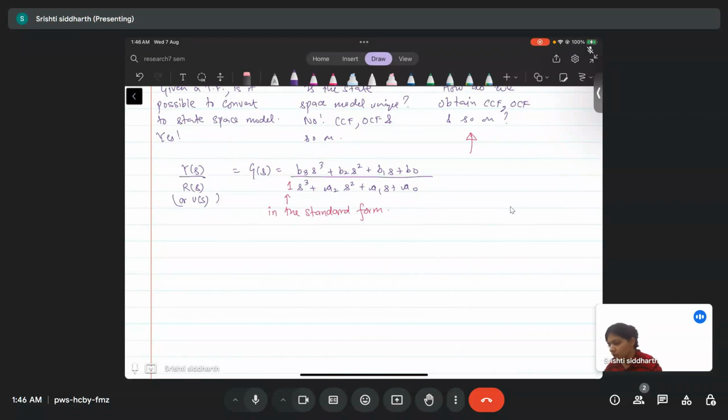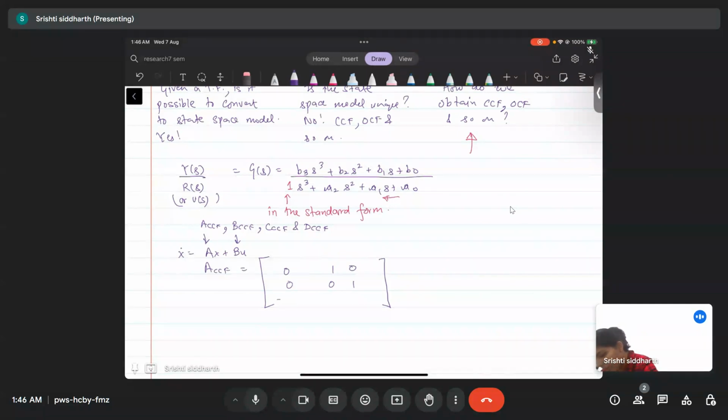So the CCF form for this: if we have been given a transfer function, we have x dot equals Ax plus Bu, and then we would have some A_CCF, B_CCF, and similarly C_CCF and D_CCF. For this third order transfer function, A_CCF is going to be, again, a chain of integrators: 0 1 0, 0 0 1, and we take the coefficients starting from the right hand side of the denominator.